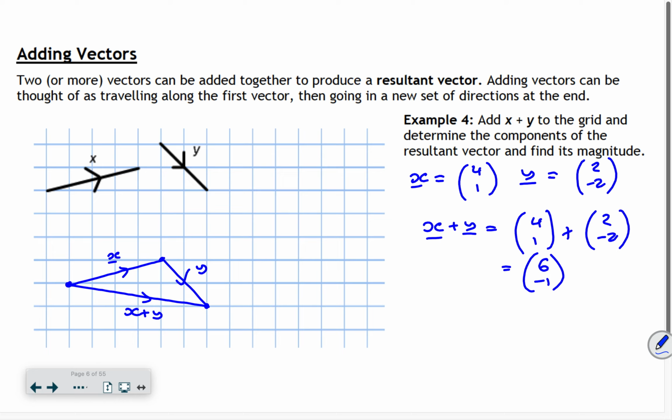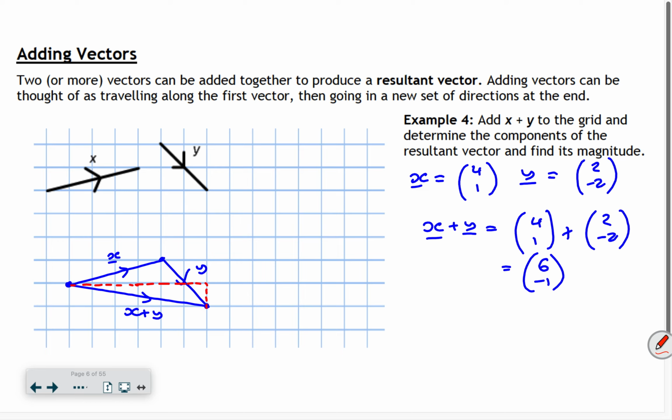So it means that vector x plus y should be the vector 6, negative 1, and we can check that. So we have 1, 2, 3, 4, 5, 6, and then going down 1. So x plus y is indeed the vector 6, negative 1.